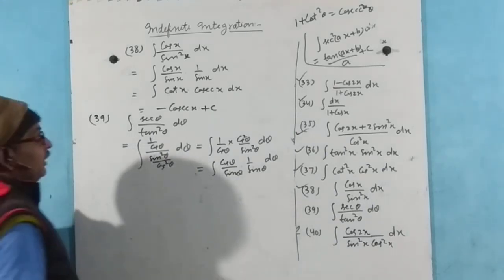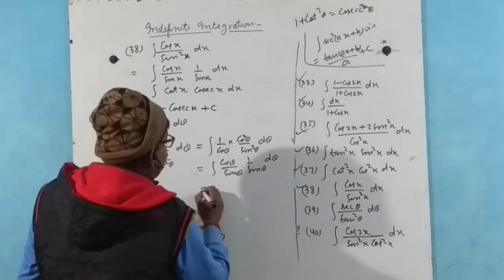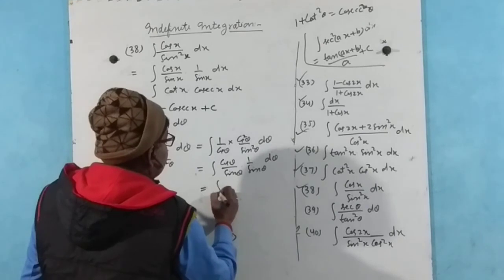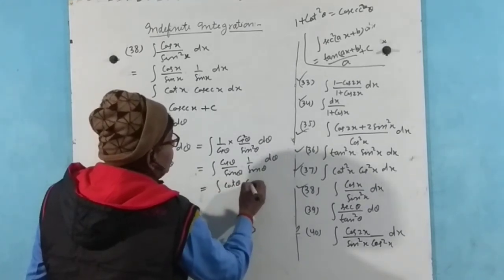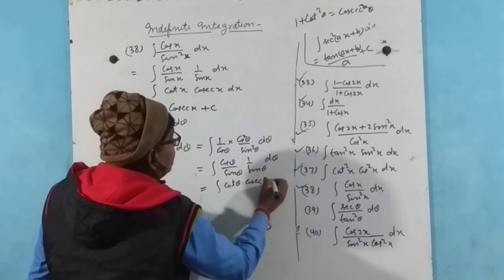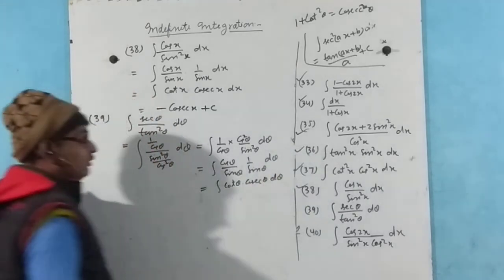This can be written as cos by sin theta, this is cot theta, and this is cosec theta d theta.